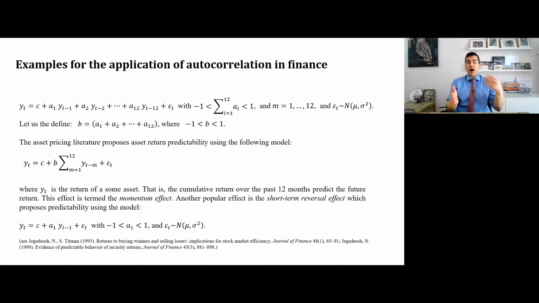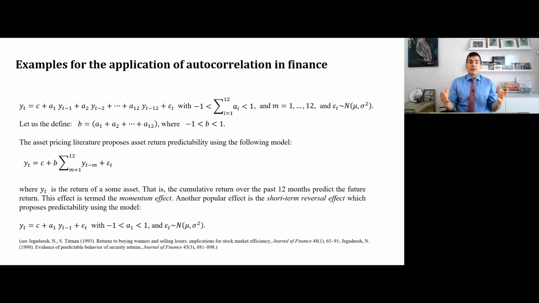Now we can think of y_t as a return process of some asset. And because this is a regression model in essence, we have to include an intercept term and an innovation process, or a residual process once we have performed the regression.